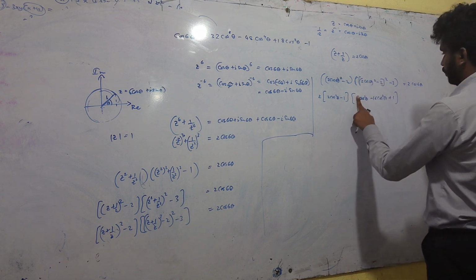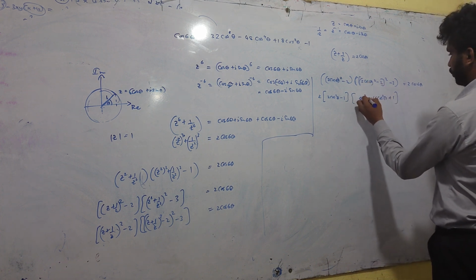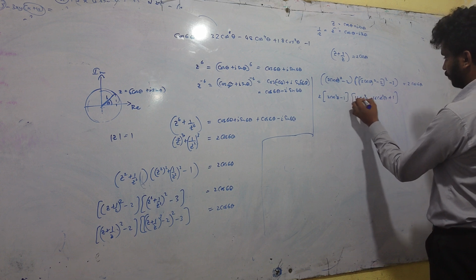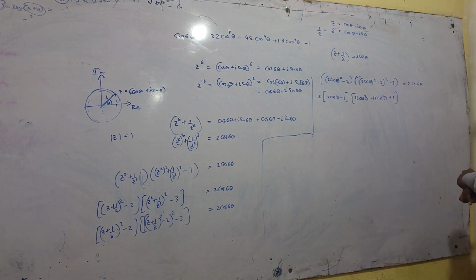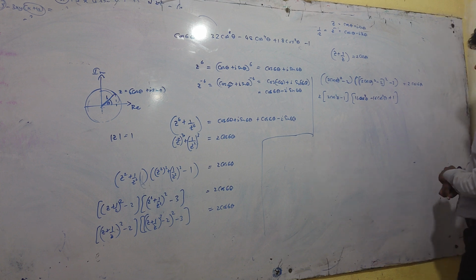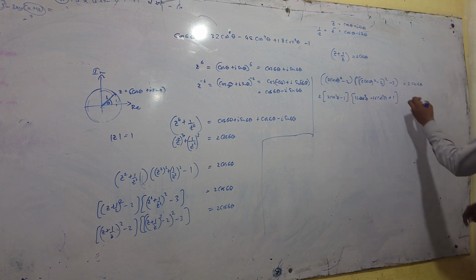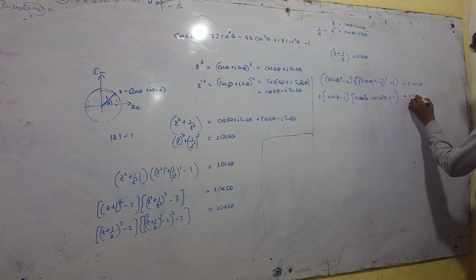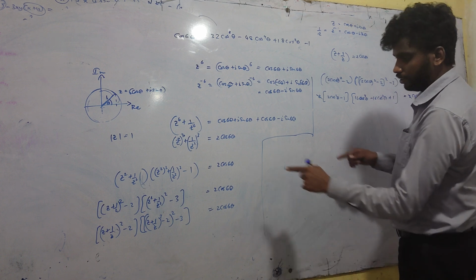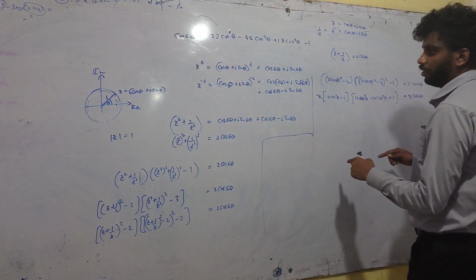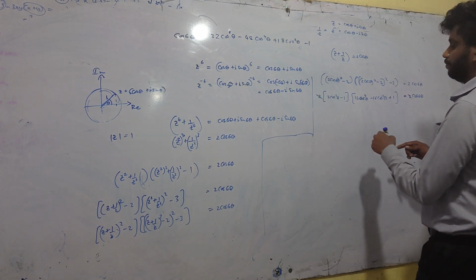This becomes cos to the power 4. There was a mistake, right? 4 to the power 2 is 16. Right, now we can expand this, 2 cos 6 theta. This 2 can be cancelled off when you expand this further. You get this answer, right?